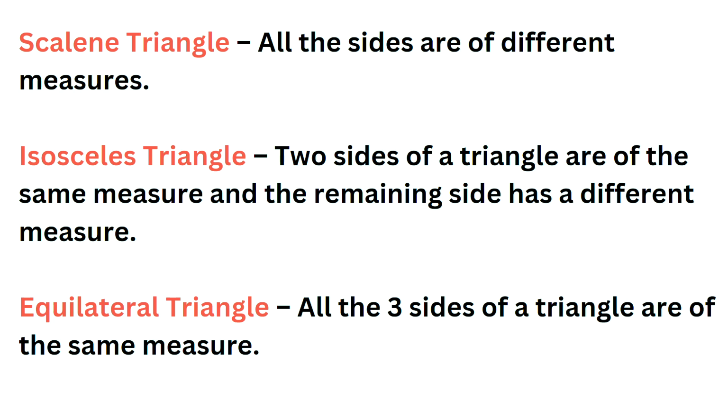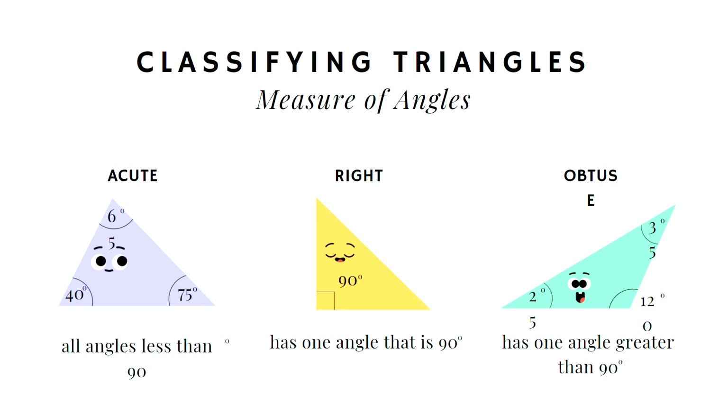Now what we have? Classification of triangle according to their angles. So here if we have all three measures, here we have 65 degrees, 40 degrees, 75 degrees. If all the angles of a triangle are less than 90 degrees, it means that triangle is known as acute.